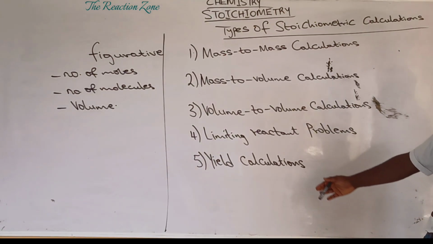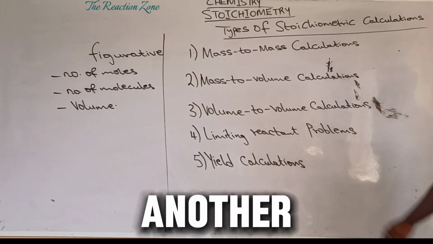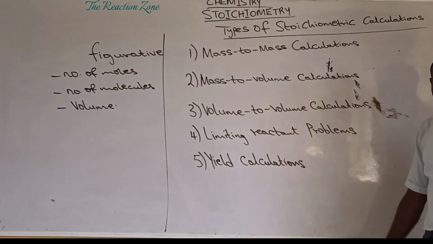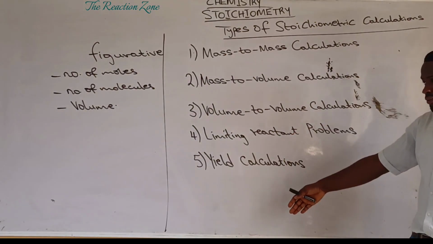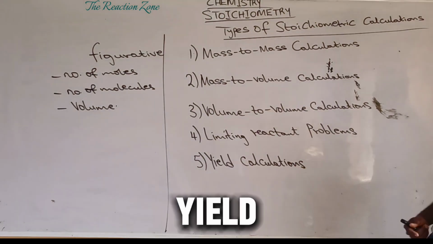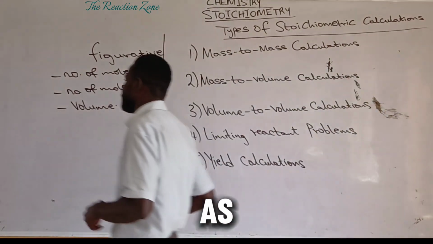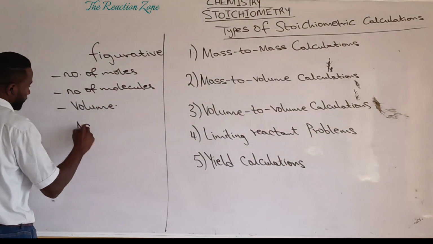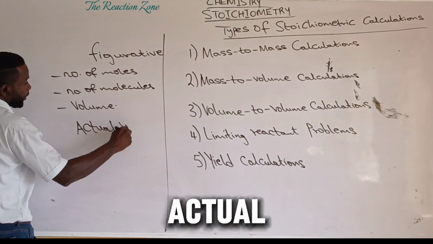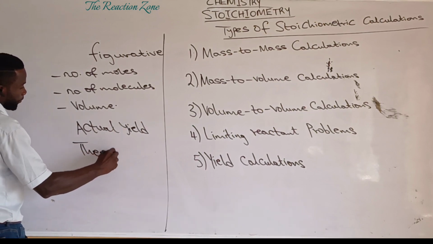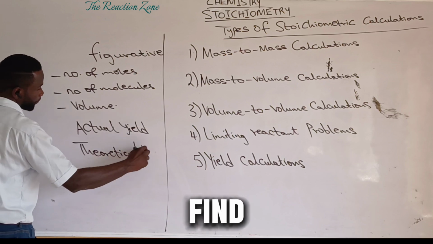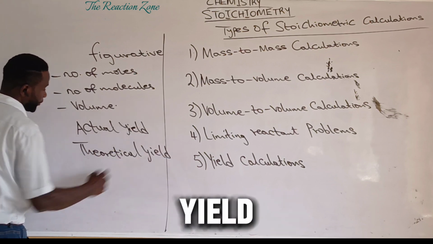Finally, yield calculations is another type of stoichiometric calculations. In yield calculations, we make use of the actual yield as well as the theoretical yield to find the percentage yield.